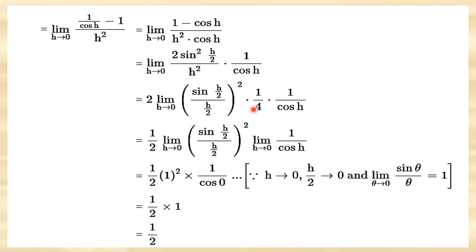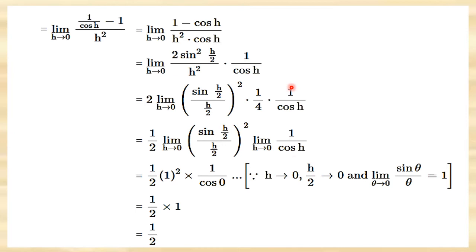So this 1 by 4 is again taken out, this is also a constant. So limit h tends to 0 of sin h by 2 upon h by 2, the whole square, because both numerator and denominator have the square. Now 1 by 4 will go out, and then it is 2 by 4, that is 1 by 2.